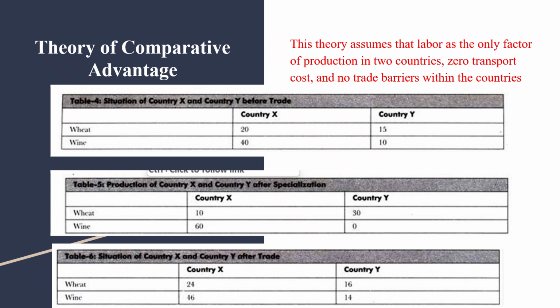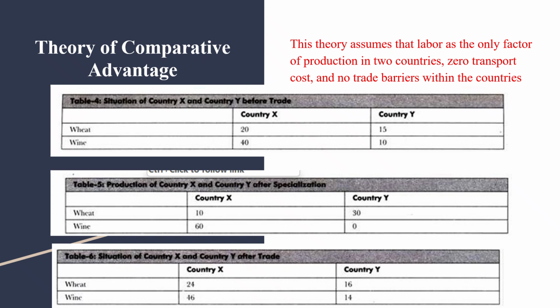So in order to have a comparative advantage, the country X is employing 150 laborers to produce 60 units of wine, and country Y is employing all the 200 laborers to produce 30 units of wheat. So ultimately, at the end, 14 units will be shared among both the countries for each product.